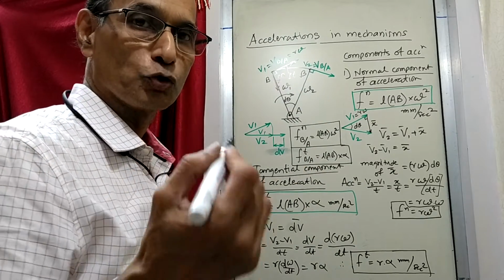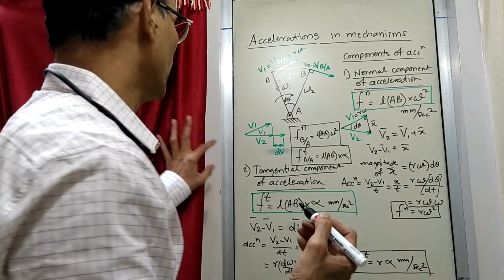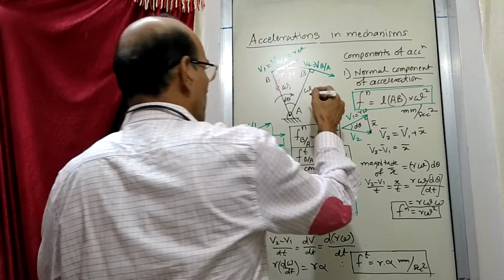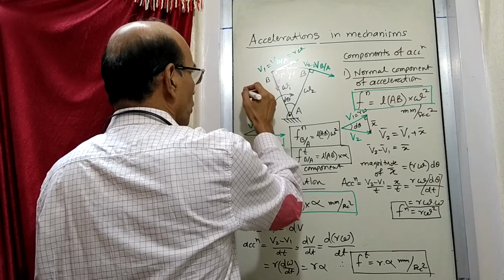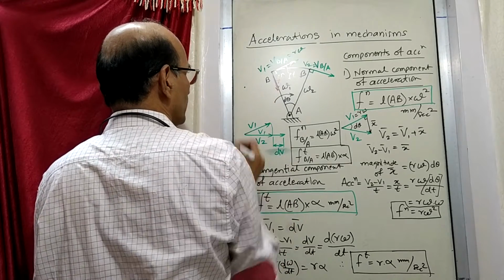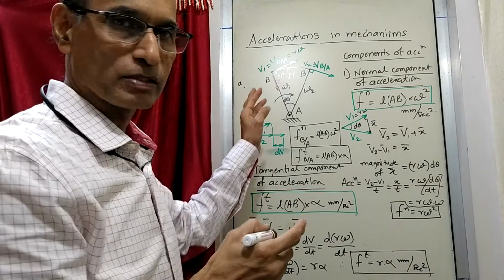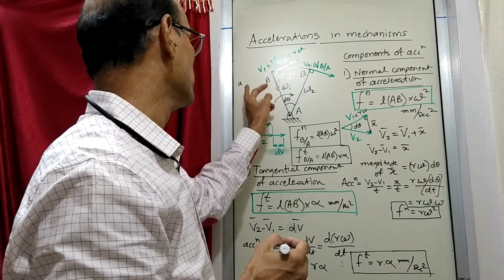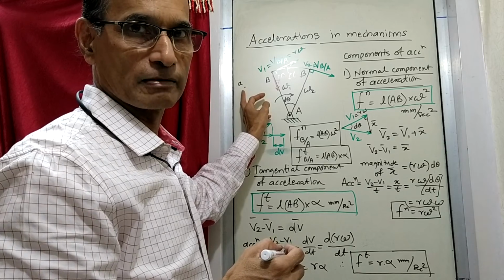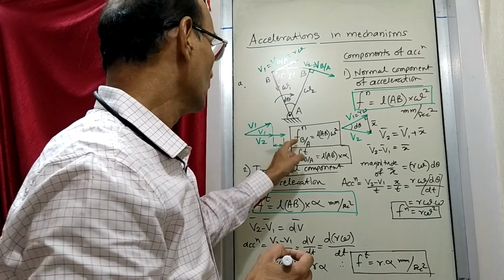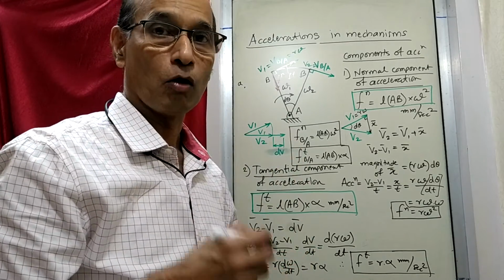Now when we are going to show this as a polygon, that time we have to draw the acceleration polygon, and in the acceleration polygon we start with a point like this. This is the point a, like last time we are showing by small letter. So acceleration of A is 0, so we show it like this. And now these two components we have to show. How do we show this component?